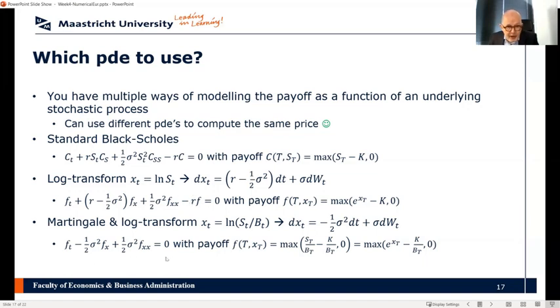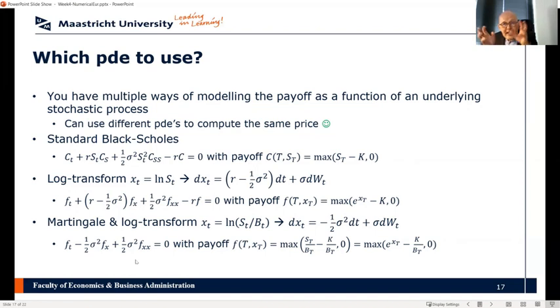So then I have this partial differential equation. But now the payoff, of course, has to be expressed in terms of S divided by B and K divided by B. And then I was modeling X as the logarithm of S over B, so that S divided by B becomes e to the power x. All these three partial differential equations with the appropriate boundary conditions will lead to the same numerical value for the Black-Scholes call option price.